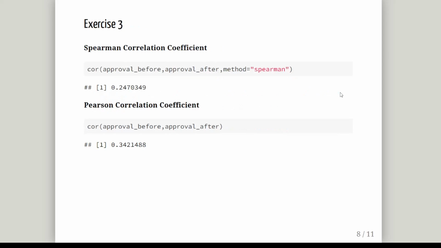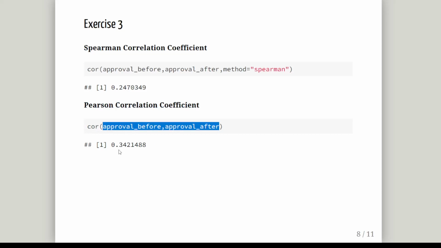We could also use the Spearman correlation coefficient as an alternative to the Kendall's tau. Essentially, we state method equals Spearman, and we get a result that should be fairly similar, 0.247. Now if we do want to check the Pearson correlation coefficient, all we have to do is write cor and name the 2 vectors.